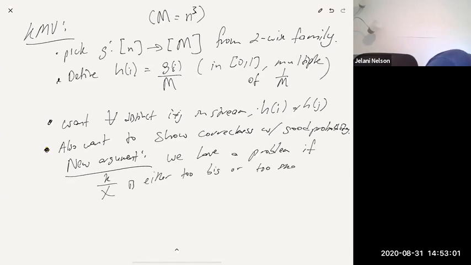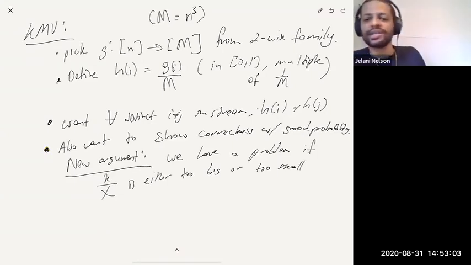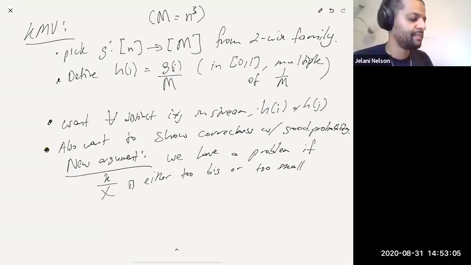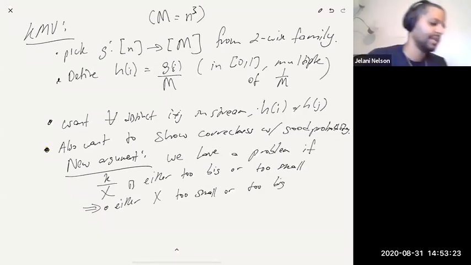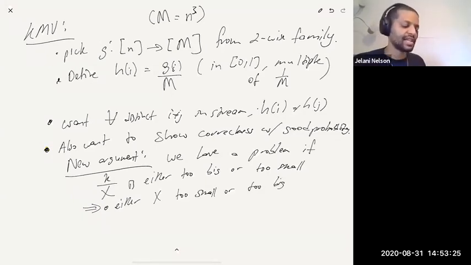We want this to be bigger than 1 minus epsilon t and less than 1 plus epsilon t. So the only way that's not going to happen is, trivially, it's either too big or too small. Now, this is the same thing as saying that we have a problem if either x is too small or too big. If x is too small, then k over x is going to be too big. If x is too big, then k over x is going to be too small.